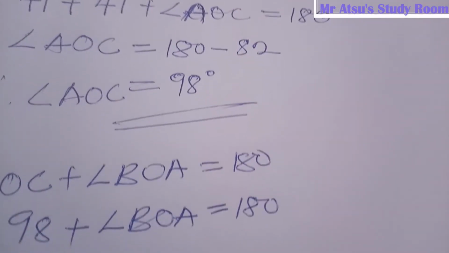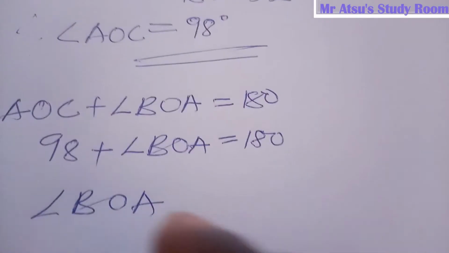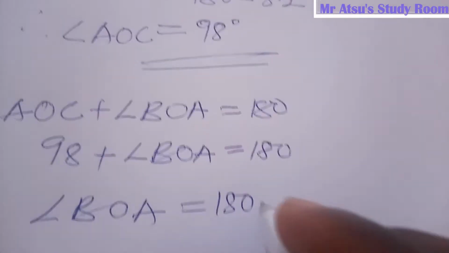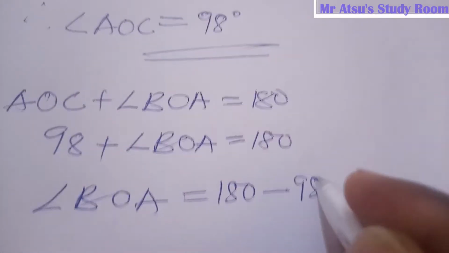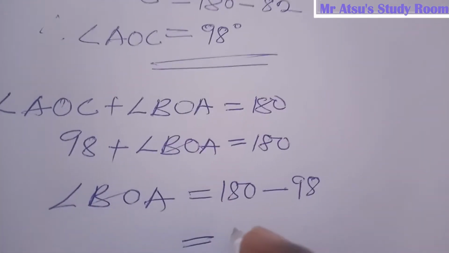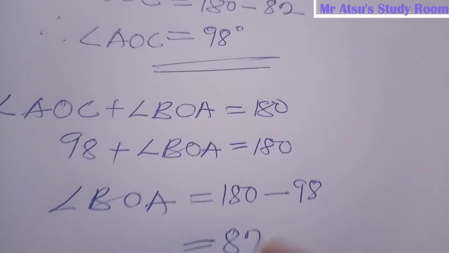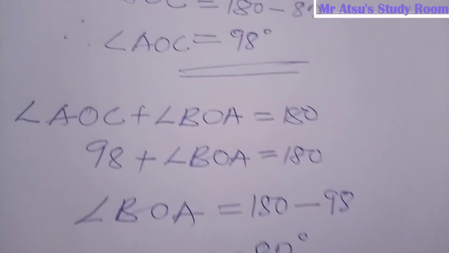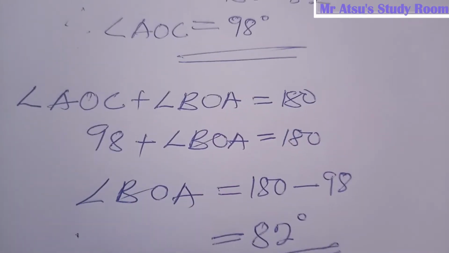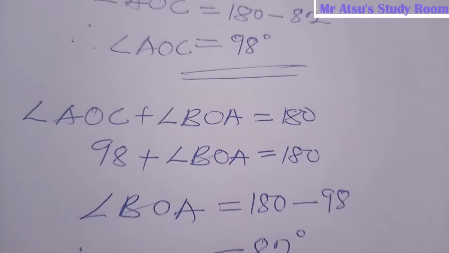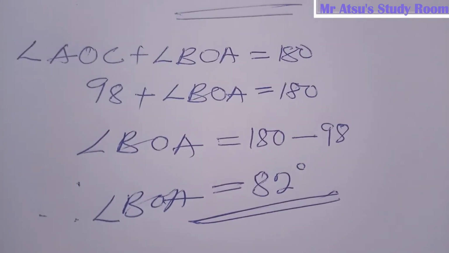So angle BOA is going to be 180 minus 98, and this will give us 82 degrees. Therefore, angle BOA equals 82 degrees.